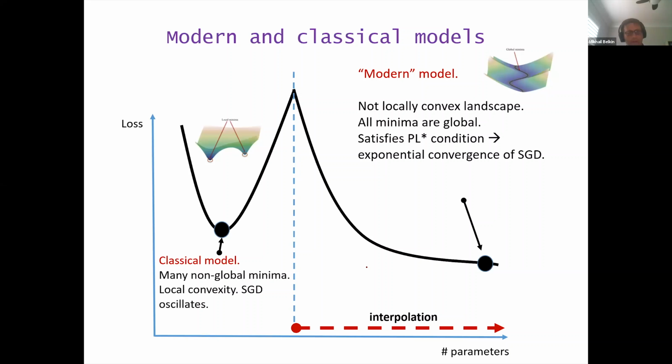Everything is very tweaky, because depending on how exactly you initialize, things really change. In the modern regime, you have a non-locally convex landscape, but everything is PL, at least if you initialize at random. I should say it's PL star with high probability, because you can certainly find saddle points, but if you just initialize at random, you're not close to any of them. It satisfies the PL star condition, so you get exponential convergence of stochastic gradient descent.